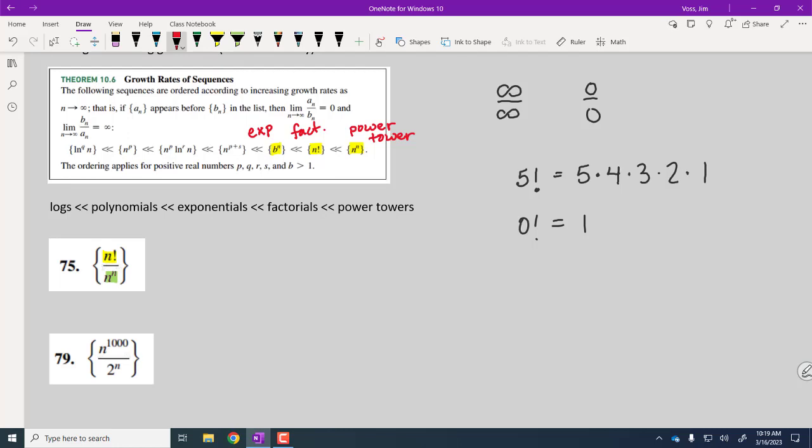And now here, they make it more complicated than we need to have it. We can kind of just ignore those. These are the same, essentially, as this one. This one is a polynomial. So right here, it's just a polynomial with an exponent.